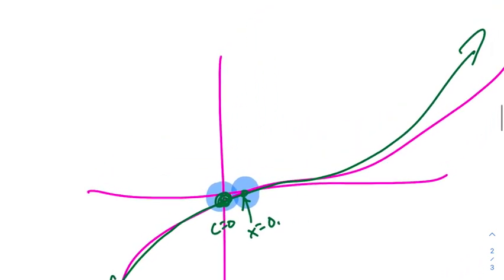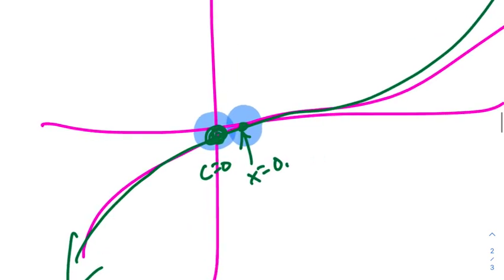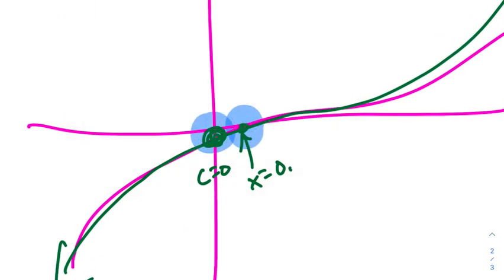This really is very similar to AP 1010 whenever we did an alternating series error bound. We knew that if we took the next term of the alternating series that we didn't use to evaluate, then that term had to be greater than or equal to our error. So we knew that we had to be at least that close. Well, we're going to use the same idea today with Taylor series.